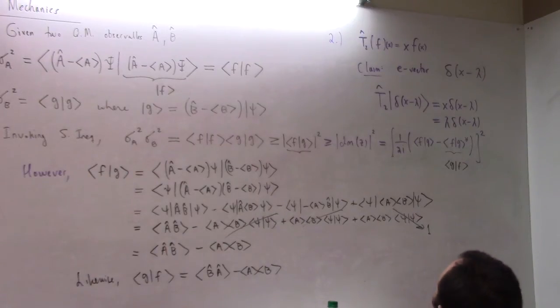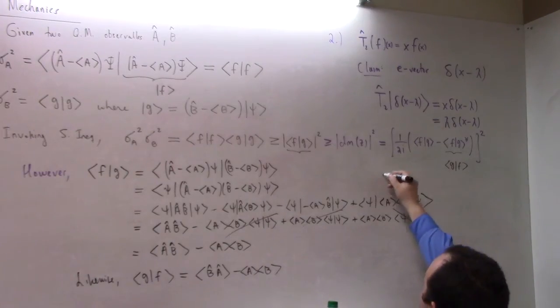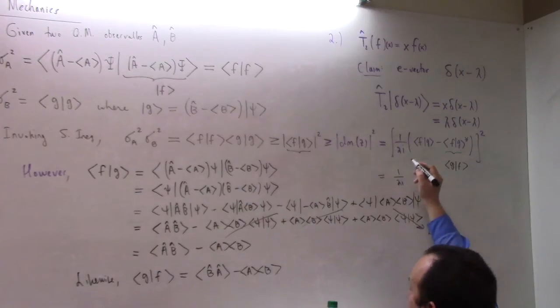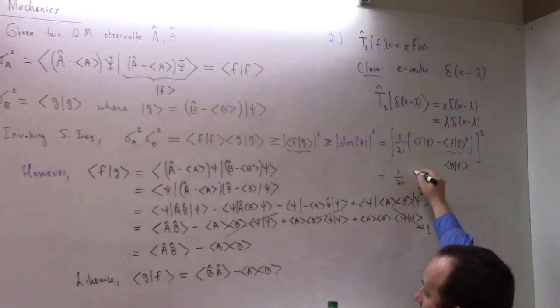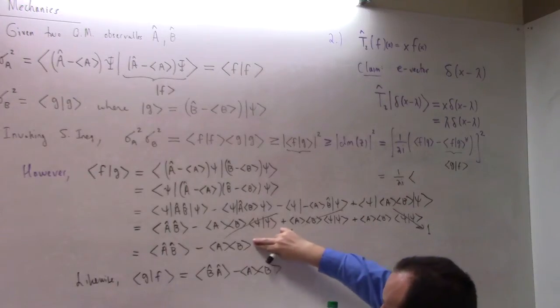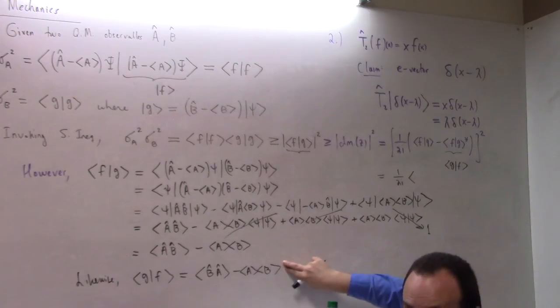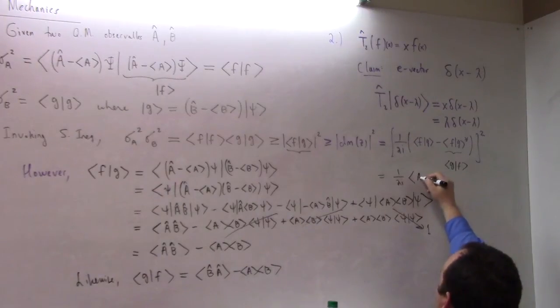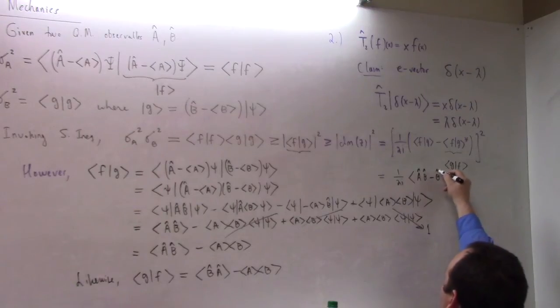So, long story short, what we have here is 1 over 2i, the expectation, so these terms cancel, right? And you're just left with the difference of, and these ones I'll just combine. We've got A hat, B hat, minus B hat, A hat.